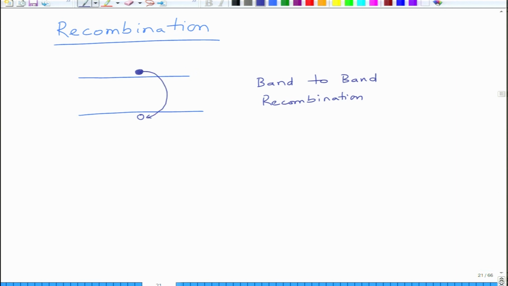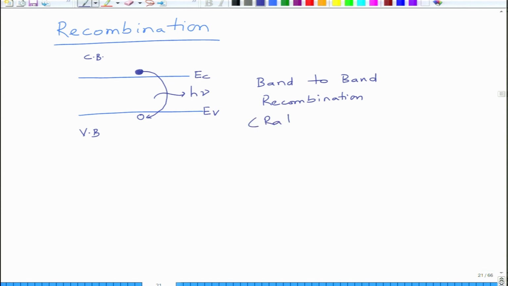This is the conduction band, so this is EC, this is EV, and here you have the valence band. The electron may relax from the conduction to the valence band to recombine with the hole. In the process, it will lead to a photon of energy E. So this is band to band recombination, which is called radiative recombination.